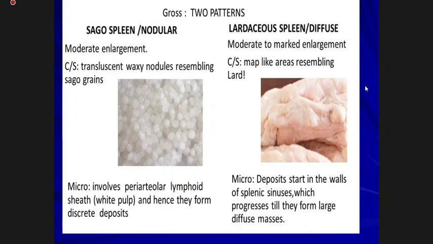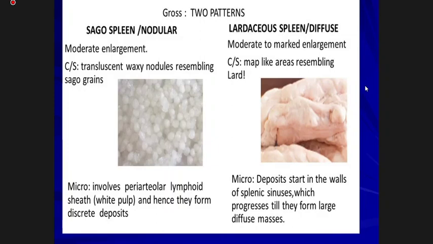In the white pulp, it appears like a nodular spleen, called the sago spleen. This is what you see if the amyloid accumulates in the white pulp. It becomes translucent waxy nodules resembling sago grains. You know what sago grains are? Yeah, you can imagine.